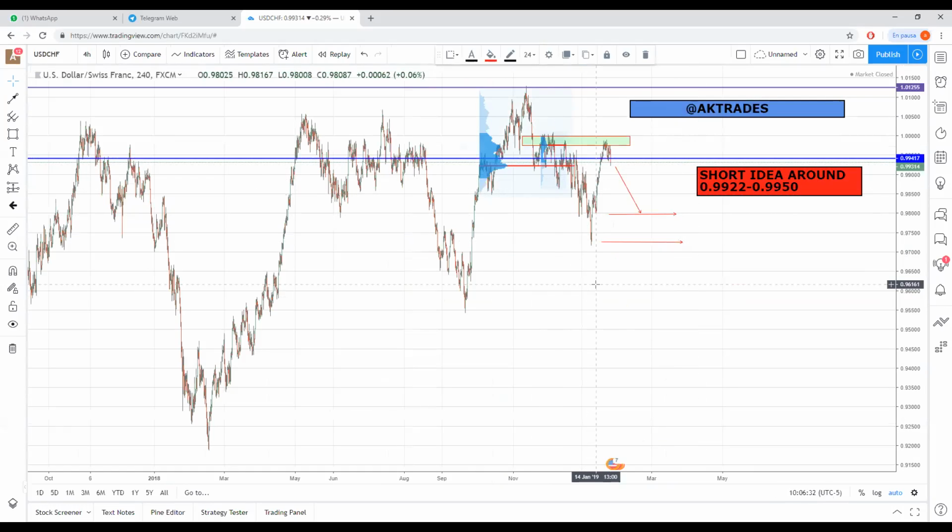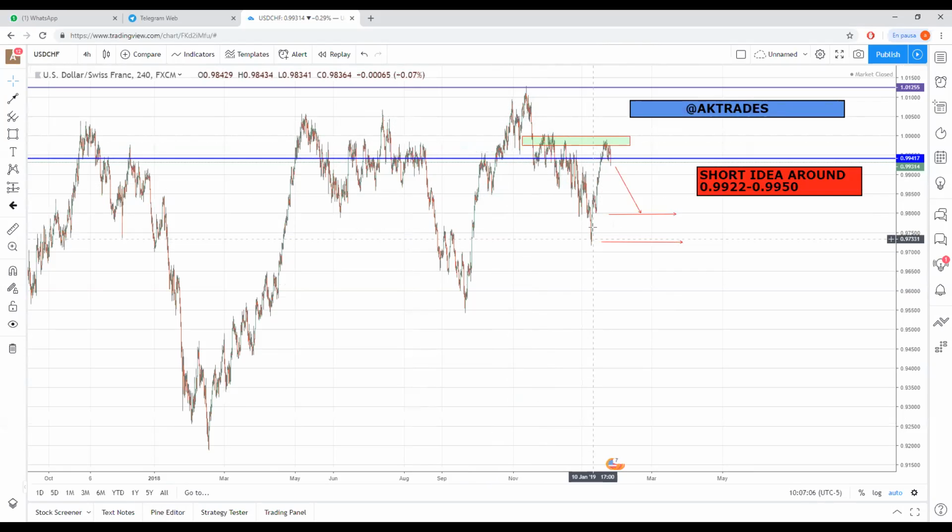For the dollar Swiss, we are also seeing a short trade idea. We can see sellers accumulated selling positions around this area, and after that price has a very good drop.